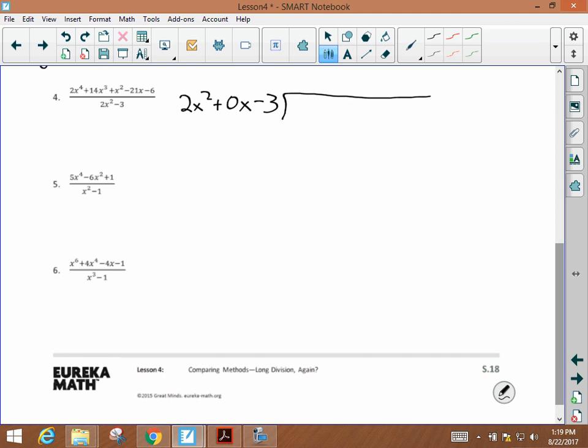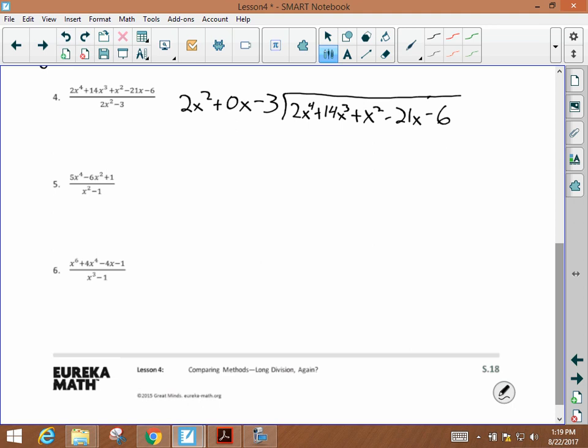And we're going to divide 2x to the 4th plus 14x cubed plus x squared minus 21x minus 6. It's a nice big problem. We're going to get it done, though.